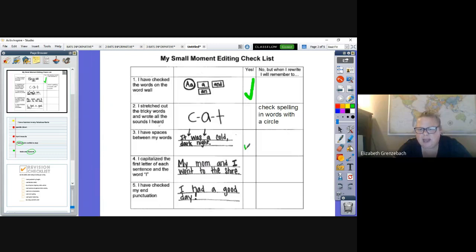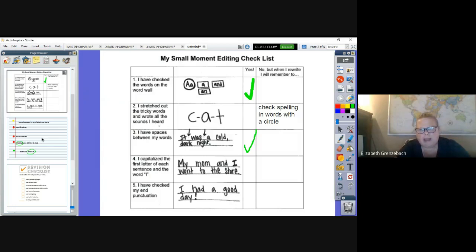If you did not, don't check. If you did not, then you need to write in this box, I will check my finger spaces when I make my final copy.